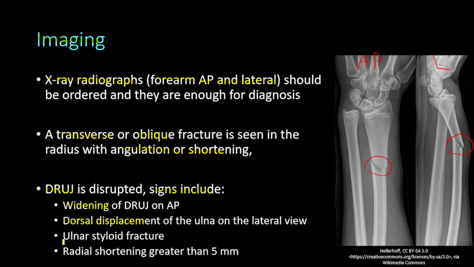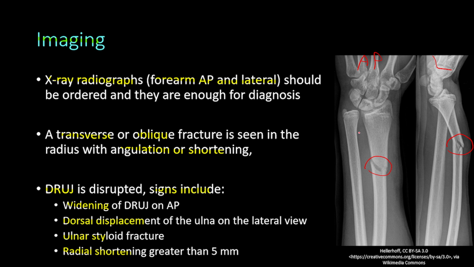Other signs include ulnar styloid fracture and a radial shortening greater than 5 millimeters. If you find any of these signs on the x-ray, then this would confirm a distal radioulnar joint injury.